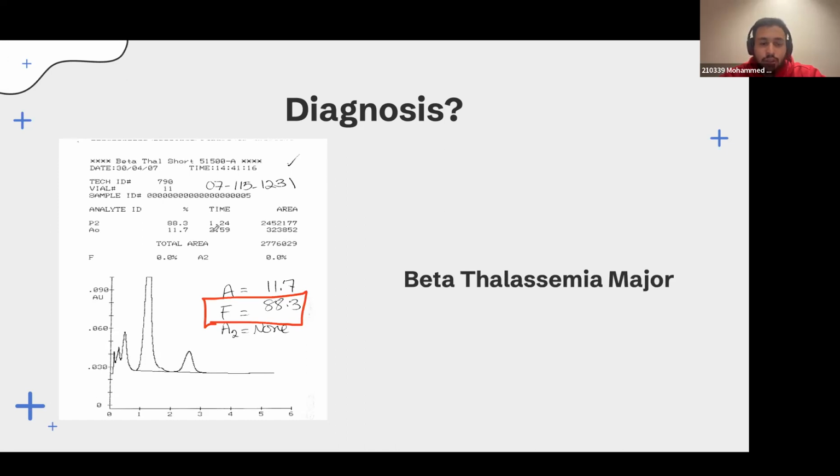To answer your previous question, first of all, A2 is none because if you have beta null and then beta null, it won't be able to synthesize a normal beta chain, which is present in hemoglobin A. However, if you have something like beta minus and then beta minus, which means it's just altered or mutated, it can still produce it. So that's why we say it's A2.